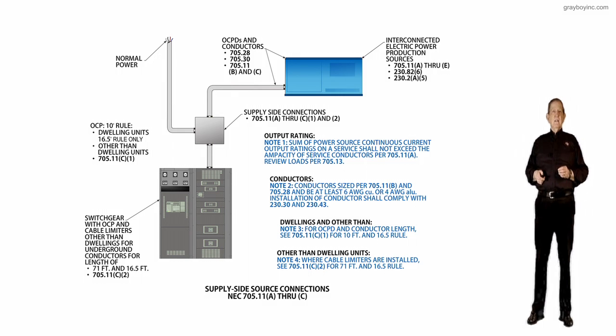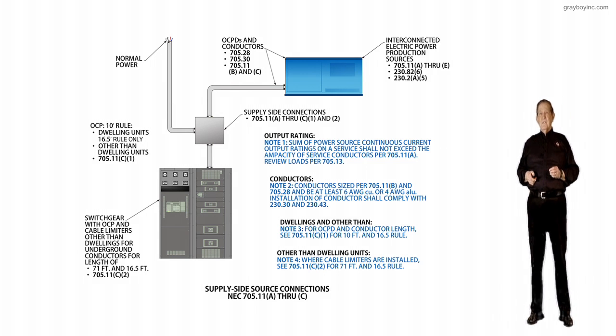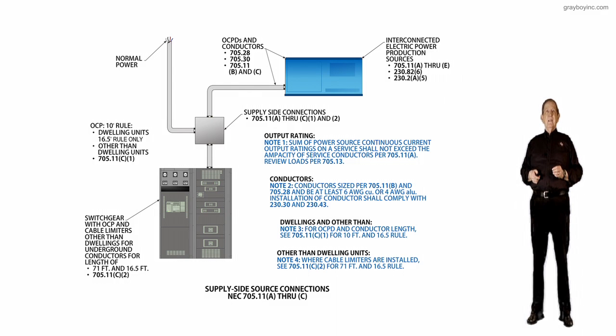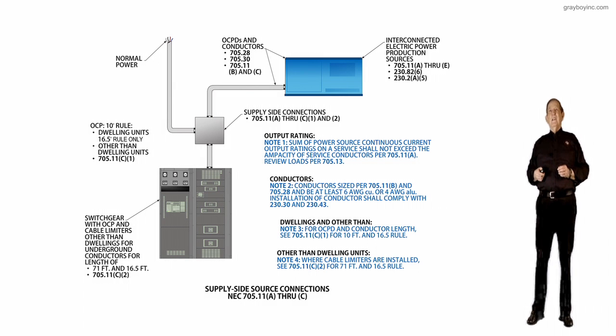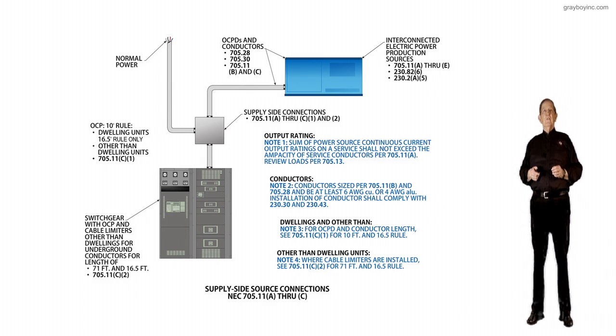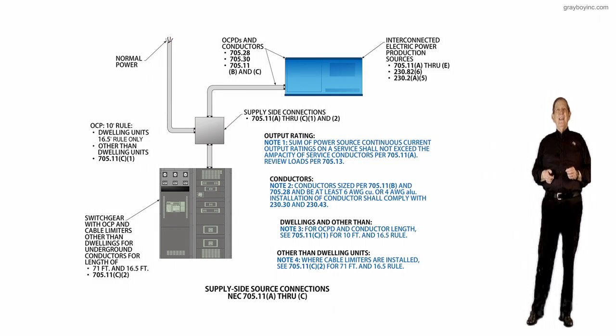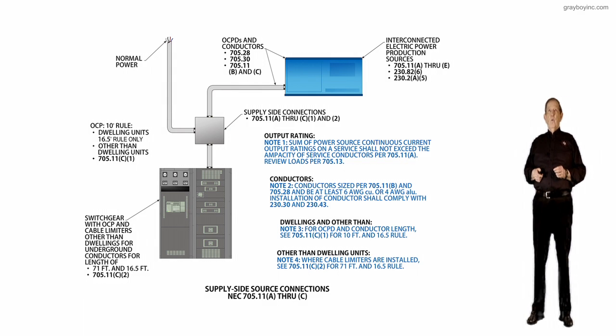To my knowledge, this is new, so you need to look at this new exception very carefully relating to these lengths. At the very top, right next to the supply connections at the transfer switch, notice overcurrent protection for the 10-foot rule. Notice it's 16.5 feet, only other than dwelling unit, 705.11(C)(1).